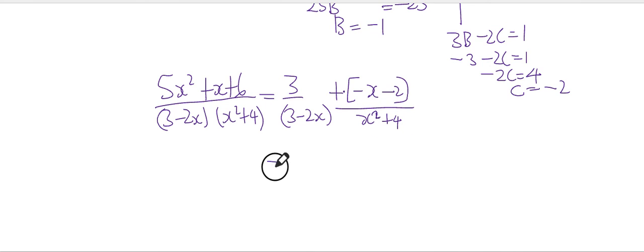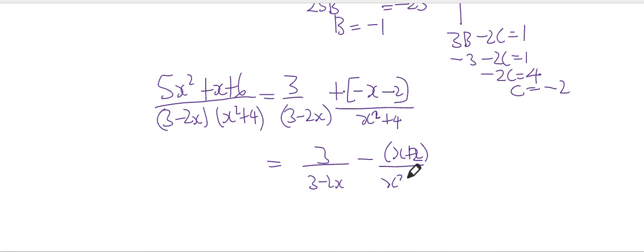B is negative 1, so I write negative x, and C is negative 2, over x squared plus 4. If I simplify this, you get 3 over 3 minus 2x minus x plus 2 over x squared plus 4.